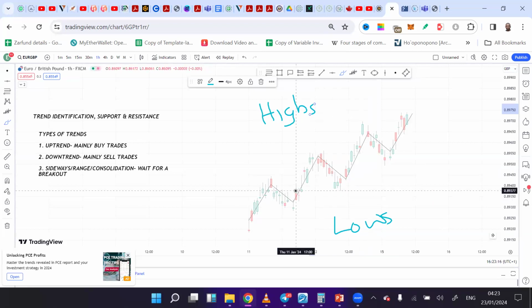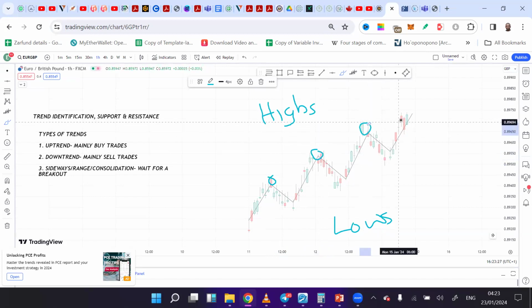Look at these spots here. These are what we call high points, also called swing highs. So the tops, the outer part of the chart, are called the highs, while the lower part of the chart are called the lows, right?